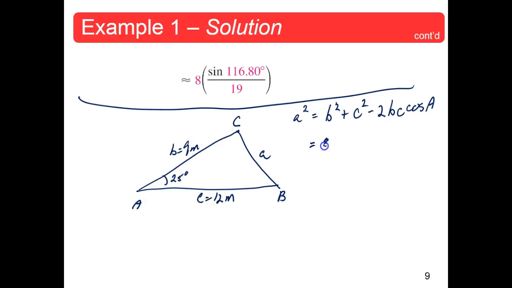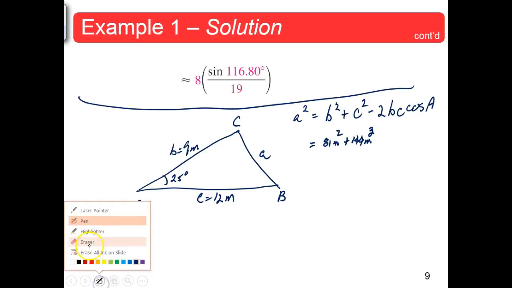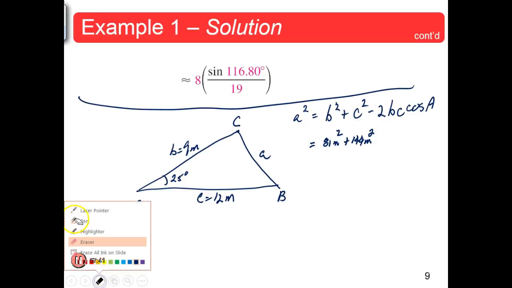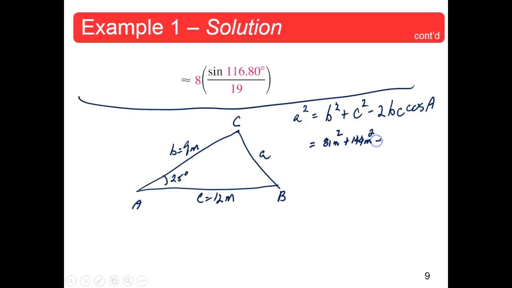9 squared is 81 square meters plus 144 square meters. Square meters, not cubic. Still looks like a cube. Yeah. Okay, that looks like a square now. Okay, minus 9 times 12 is 108. Double that, you get 216 times the cosine of 25 degrees.